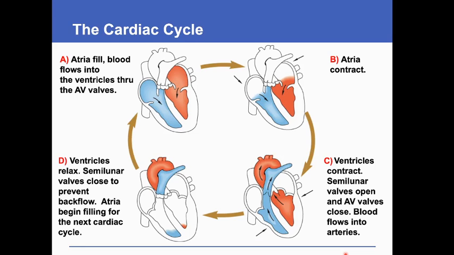Okay, now that we know about the anatomy of a heart and the chambers and pipes and valves associated with the heart, and now that we know all about the cardiac cycle and the sequence of events in terms of when do the atria contract and when do the ventricles contract, now we have to look a bit more closely at the tissue that makes up the heart.